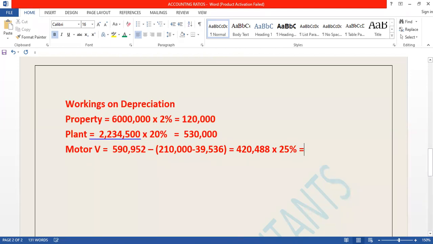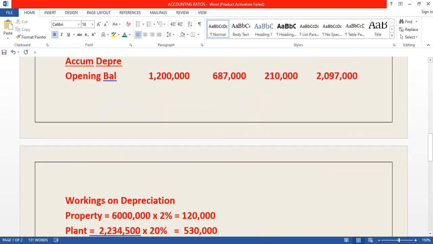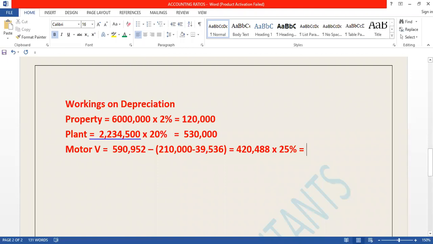So what do we have? 25% of that figure: 105,122. So that is the depreciation charge for that year.